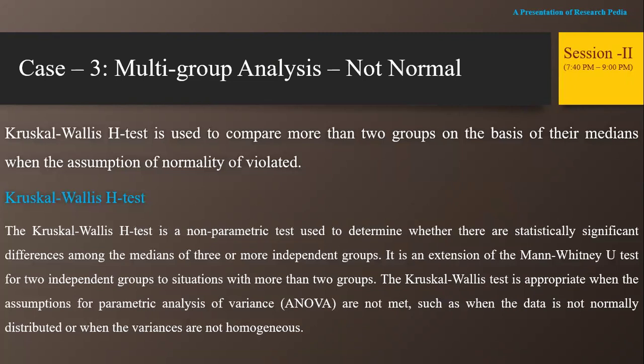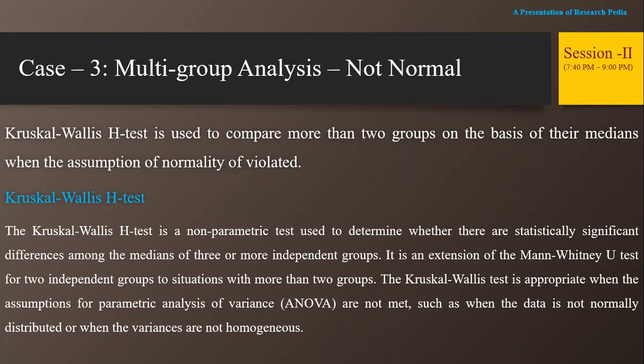Remember one thing, when you are dealing with normal data, you are basically comparing the means of your different groups. But when you are dealing with not normal data, you are actually considering the median as an average value in order to compare them between different groups.